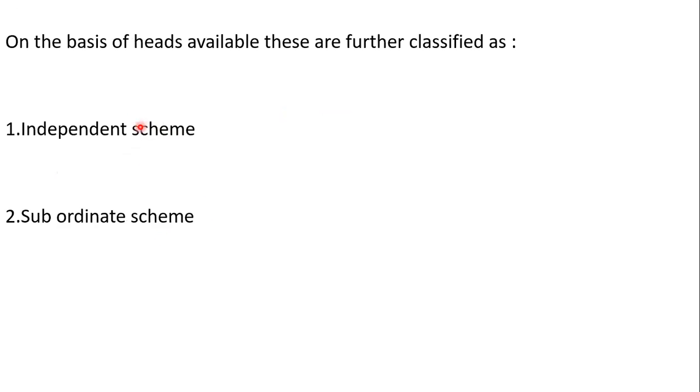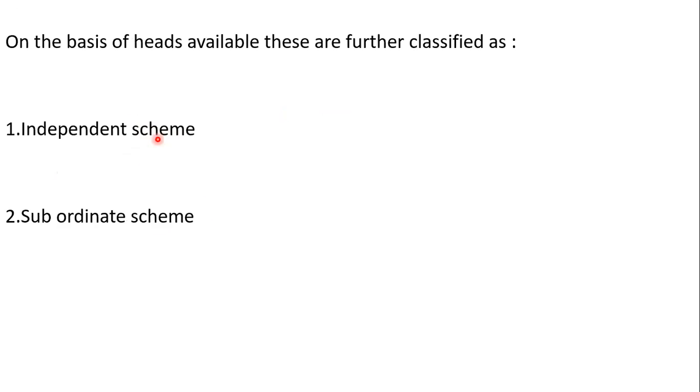Coming to the first one, independent schemes are those having a stream flow which is captured, regulated and developed for the principal objective of power generation only. And in these schemes, high head and medium head schemes are considered.